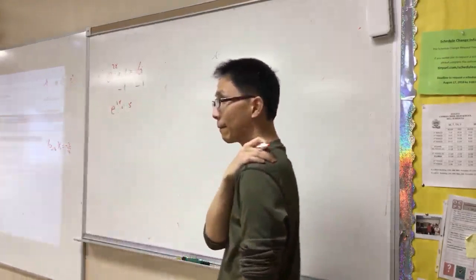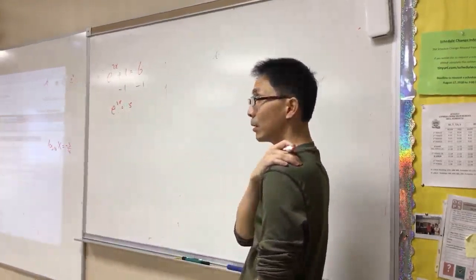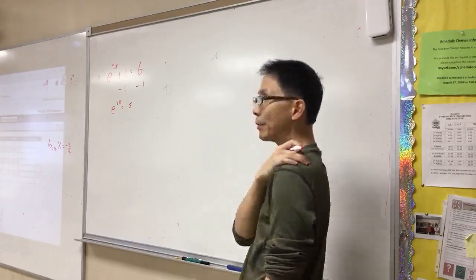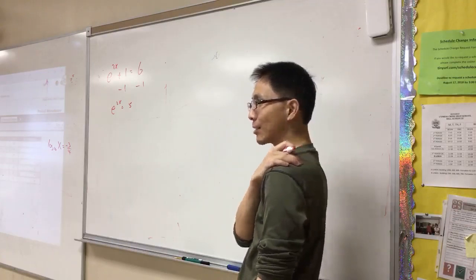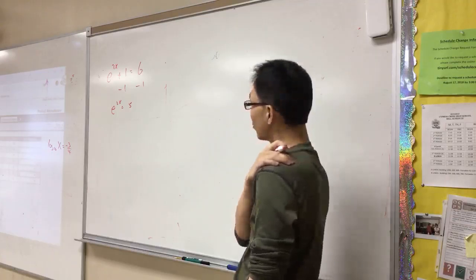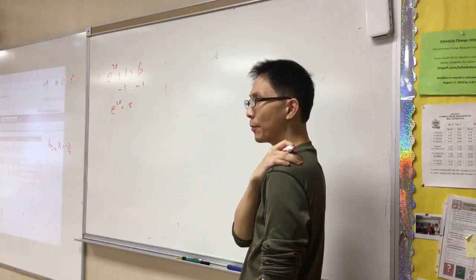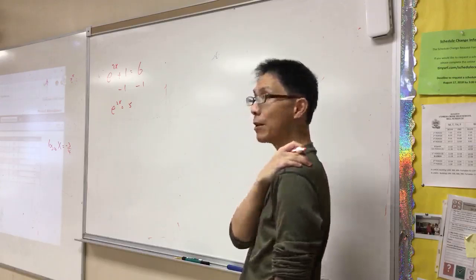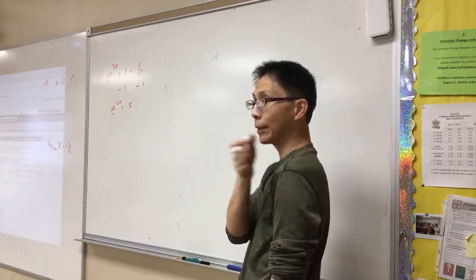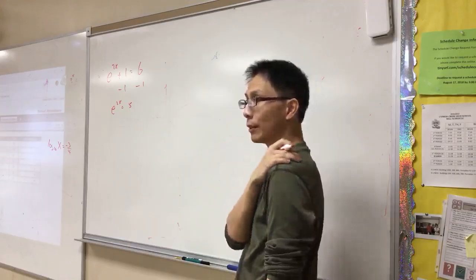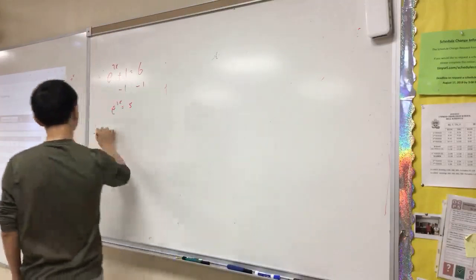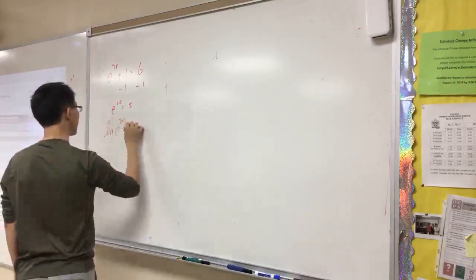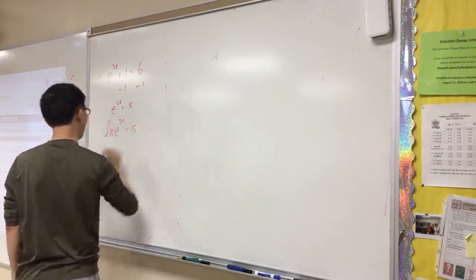Now how do I solve for x? Ln both sides, because ln and e cancel, the property that we just said.